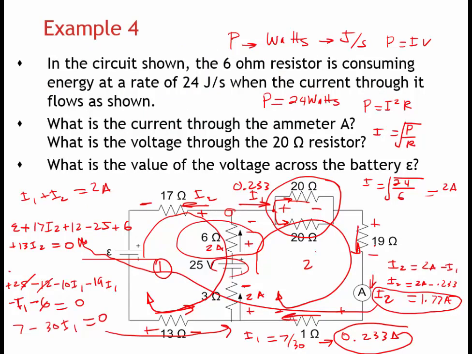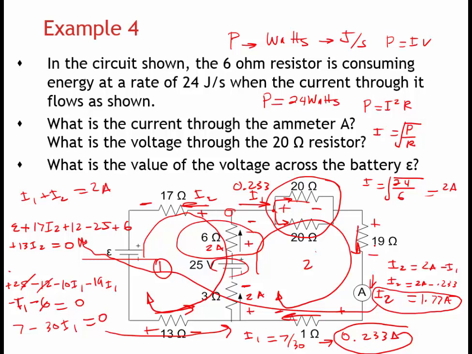So this is how we can apply Kirchhoff's voltage law and current law to solve this type of multi-loop circuit, and also understand how current flows through the circuit: when current flows through a resistor, it always flows from the positive side to the negative side, right?